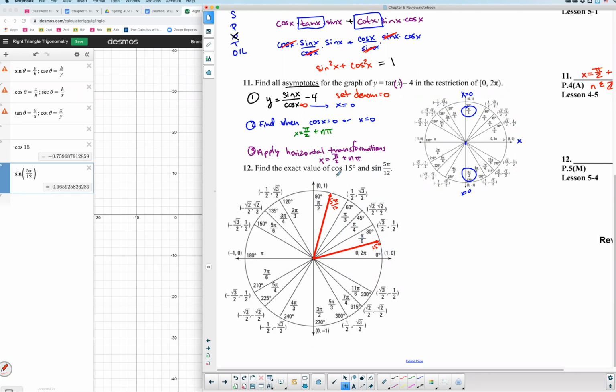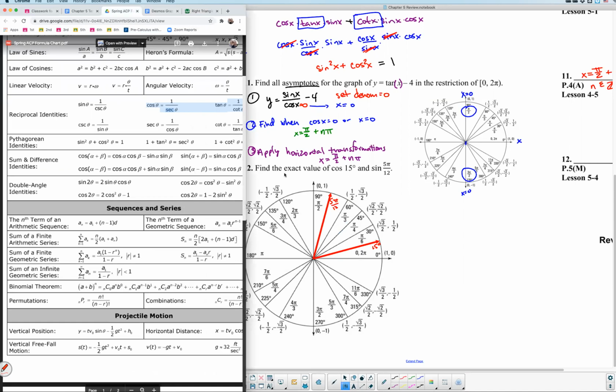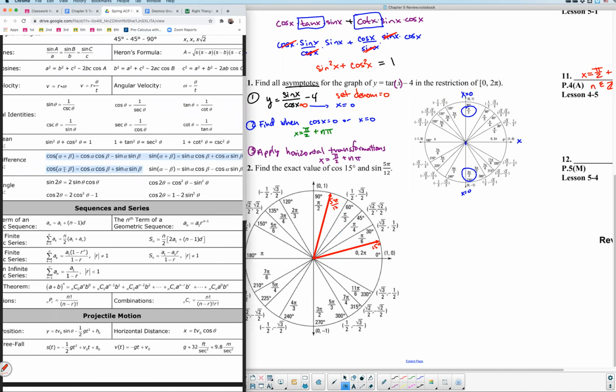So what's the math though to find this? We learned in lesson 5.4 that if you have a value that doesn't happen to fall on the unit circle, you can use unit circle values to solve for it if you use your sum and difference identities. So for cosine, I would need to use one of these 2 formulas to solve for 15 degrees, which means I just need to find 2 angles that either add or subtract to be 15 degrees. I'm looking around, there's a lot of them.